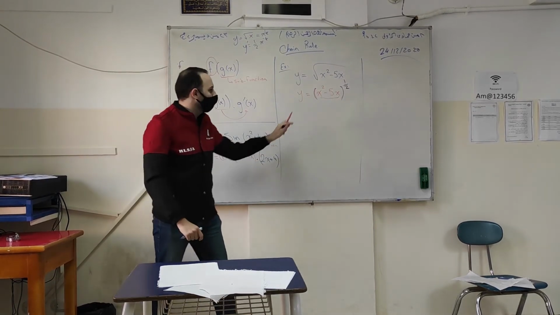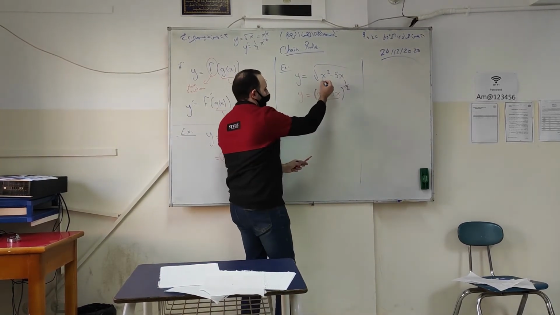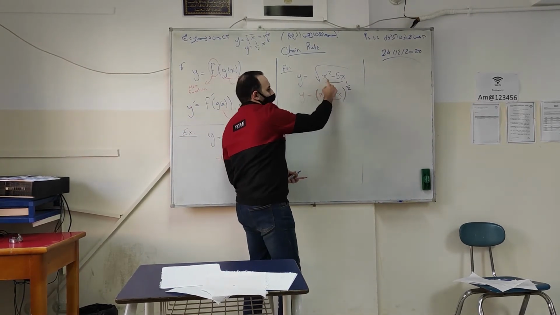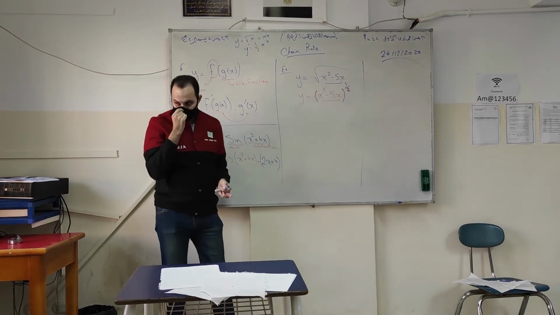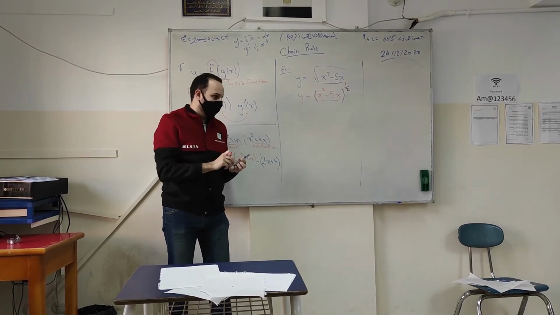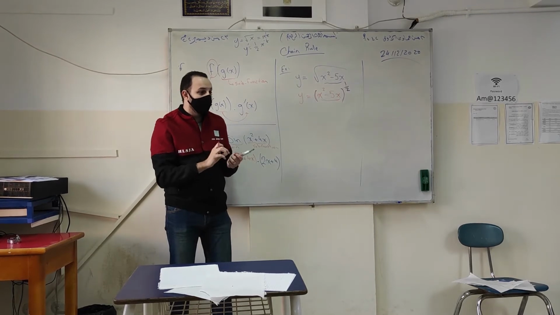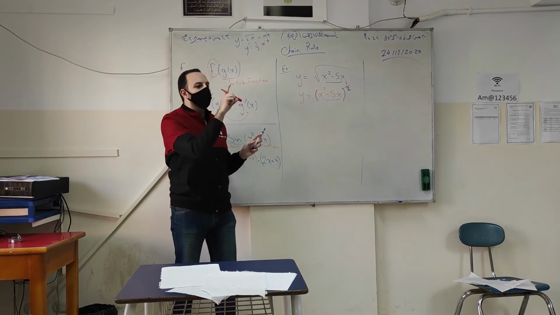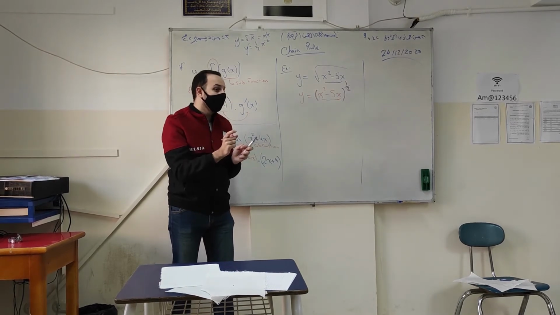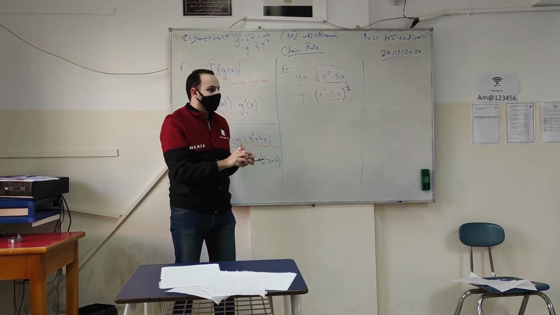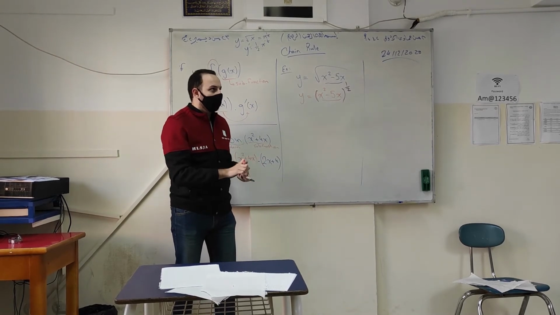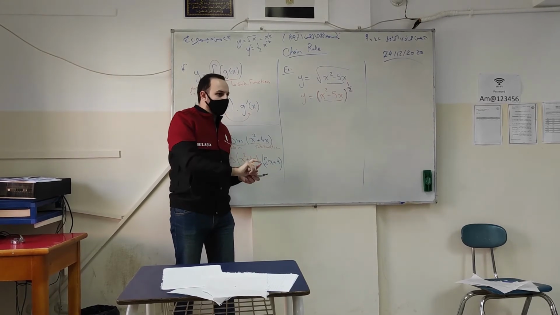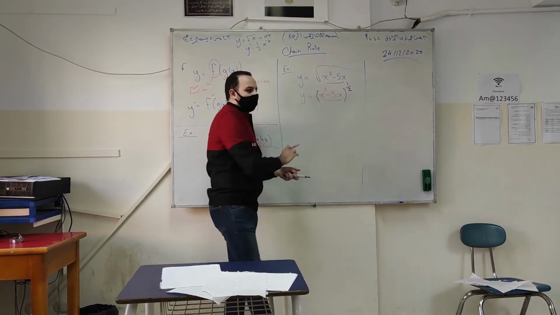This is the differentiation of root x. But what if I don't have root x, I have root and I have another function inside? Then this is a function and this is the subfunction. So the main function is the root, and the subfunction is x squared minus 5x.